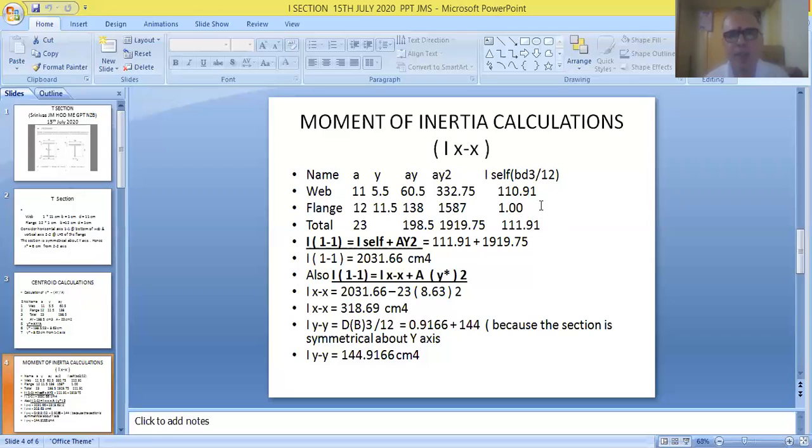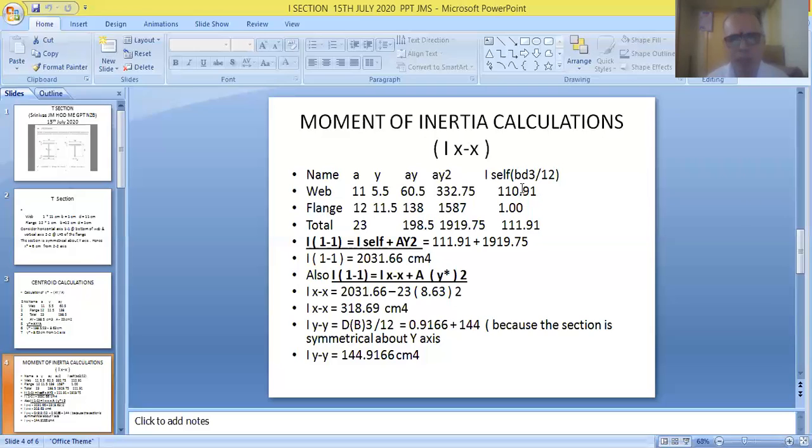And finally, we have to find the I self values. So use this formula, my dear friends. Take the B value of the first component, the D value of the first component, and substitute in this formula BD cube by 12. It is obtained as 110.91 centimeter 4. And similarly, take the B value of the second component and the D value of the second component.